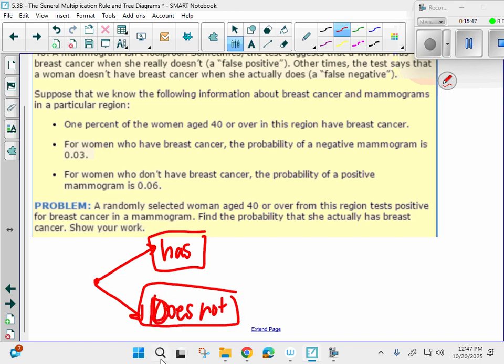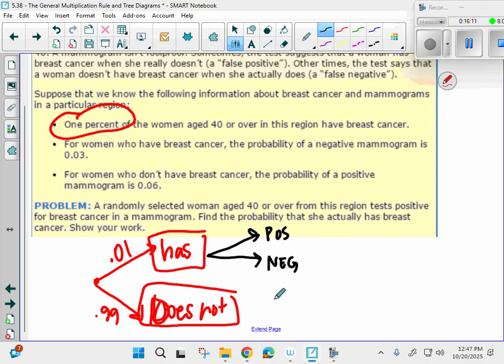What percent of women in this region have it? 1%. So I'm going to put 0.01 here and 0.99 here. All right. Now, what do you think goes on the next? What's conditional here? Yeah, just getting a positive or a negative test, okay? So I have positive, negative, okay?